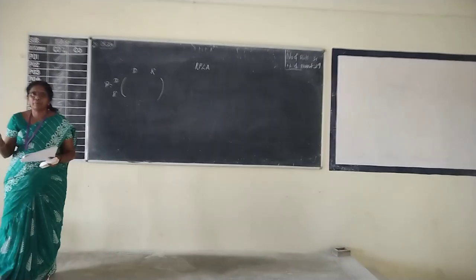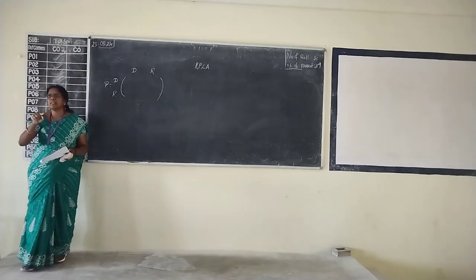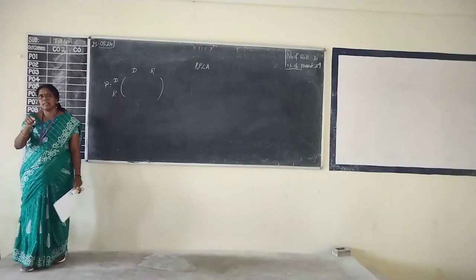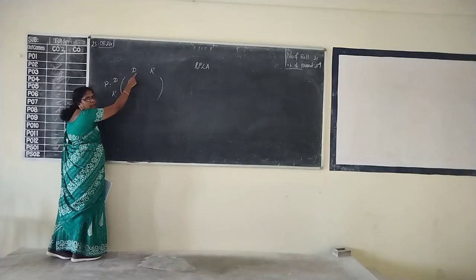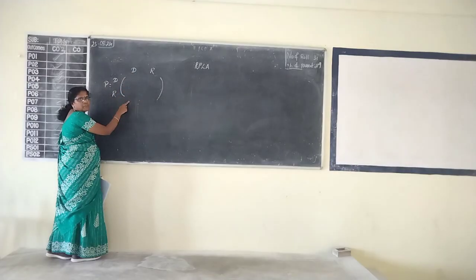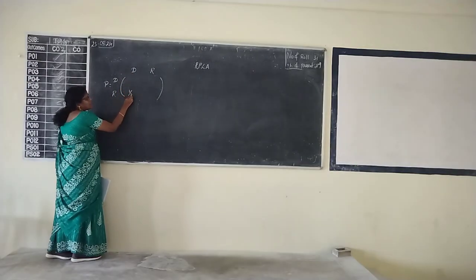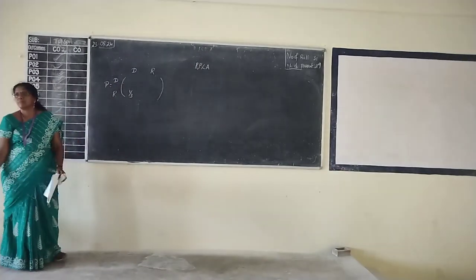That chance is given. So where are we going from and to? From rainy day to dry day. What is the chance given? 1 by 3. Can you understand how to fill it up?